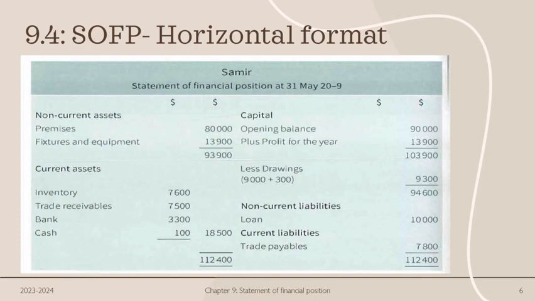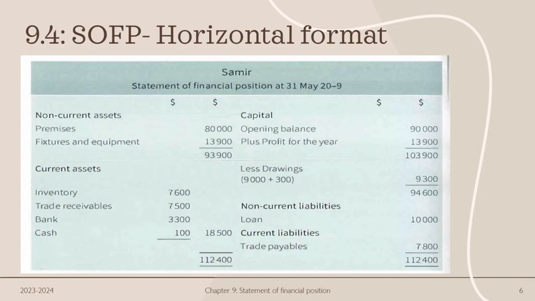Yes, I borrowed the money from the bank, so I could not just put it on the table. I must immediately transfer it to my company's bank account. So therefore, current asset increases 1,000 and non-current liability increases 1,000 as well. So they will tally and be the same. If not the same, it means there is some mistake.